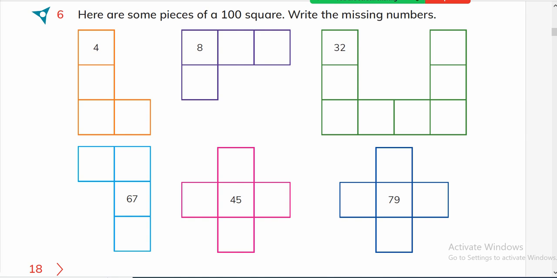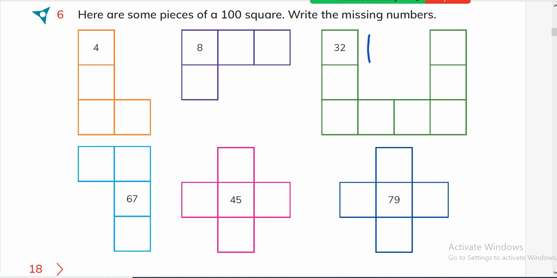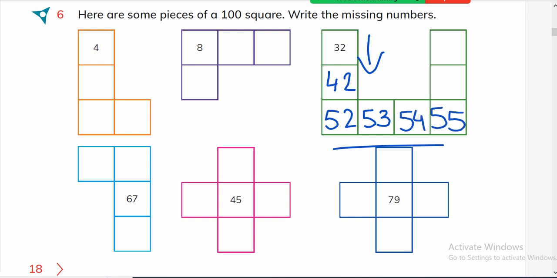Okay, now let's do this puzzle. This one, now we have to come downwards, so it will be counting in tens, 32, 42, 52. Here it is 53 because this way it will go with counting in ones: 53, 54, 55, and upwards it is again 45 and 30, 35.